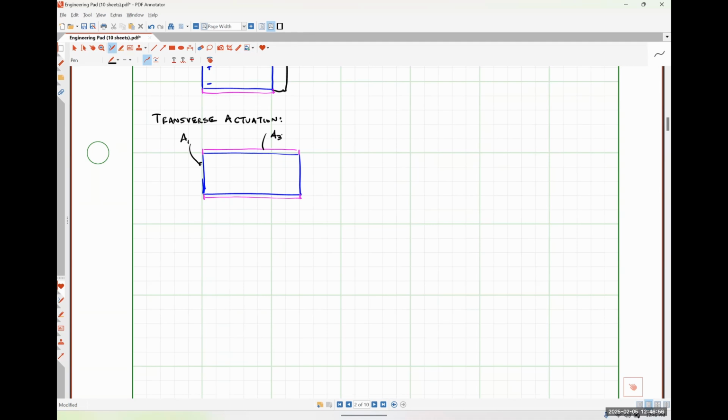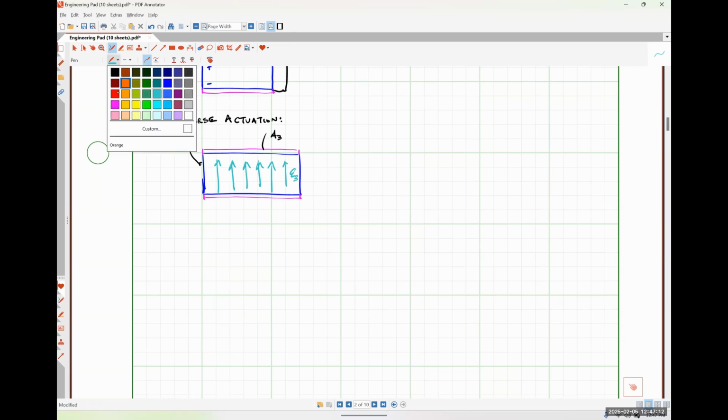So when I apply a voltage across the electrodes of this guy, I'm going to get a field still in the up direction. So that's script E3. But for a transverse actuator, I'm going to wind up getting a force in the one direction, like so.